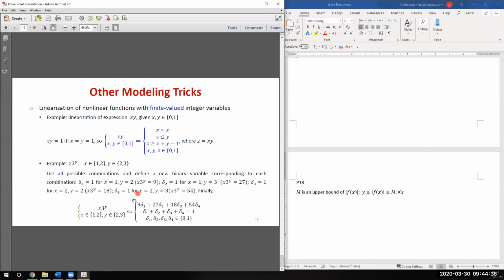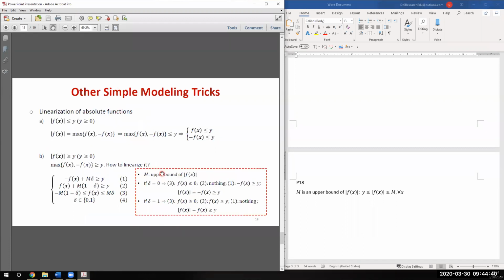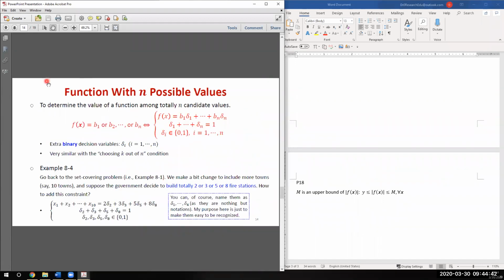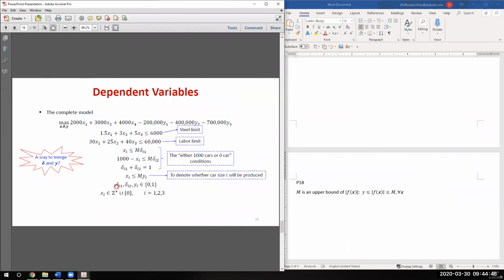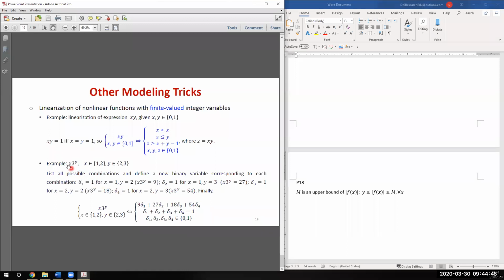And then I can use this case function with n possible values. In other words, this function has totally only 4 values to be selected, right? They are going to be 9 or 27 or 18 or 54.